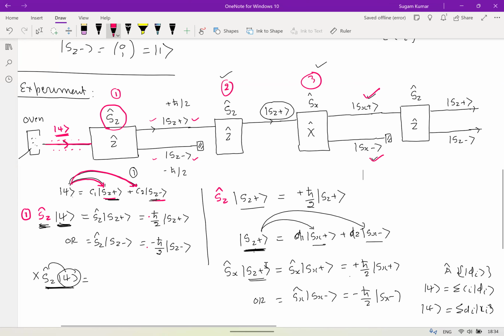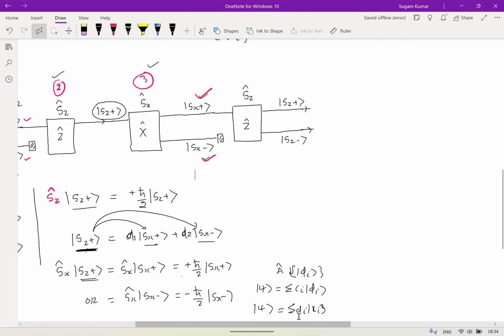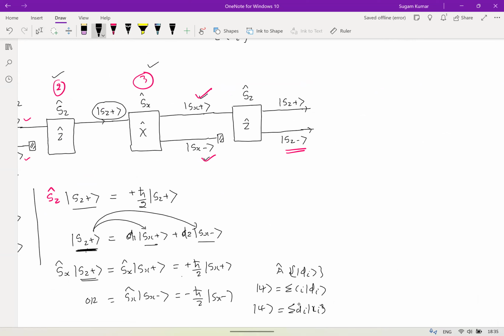And now it becomes very simple to prove why you are going to get the Sz negative. Because when you operate this Sz again, look at the fourth step, operate on the Sx plus.